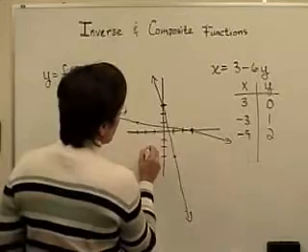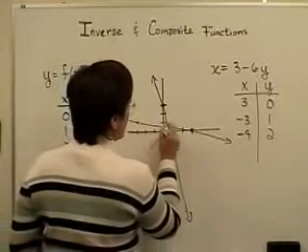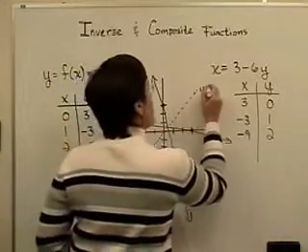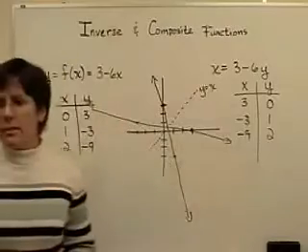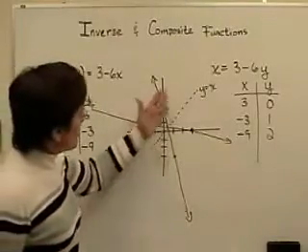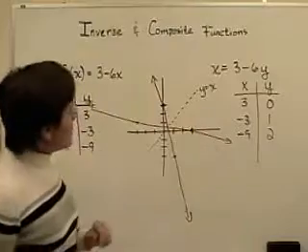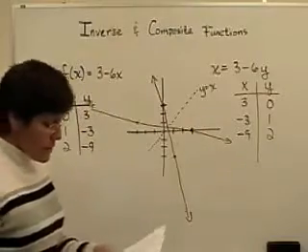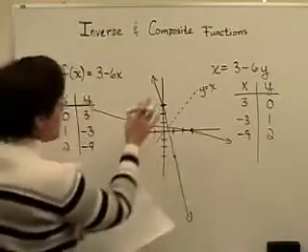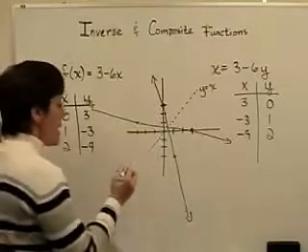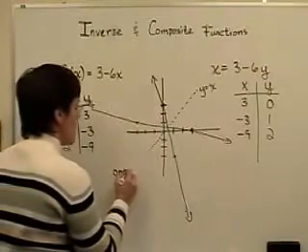Again, I'm hoping that this is a reflection about that line where y is equal to x. And it sure does look to be. If I took paper and folded this, I would get a reflection across that axis. We have determined that this passes the horizontal line test and that this is a one-to-one function.